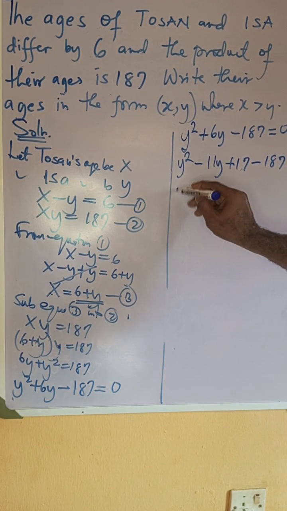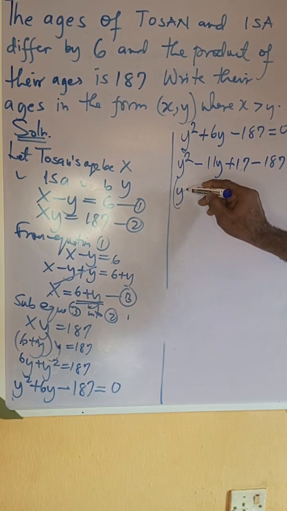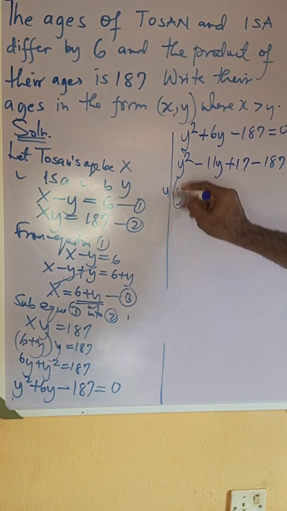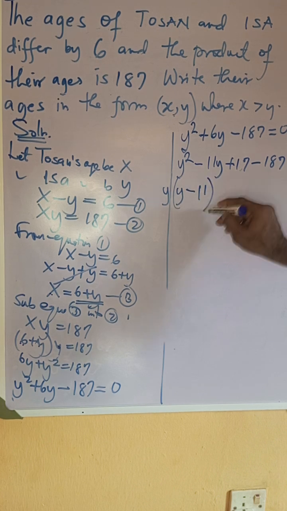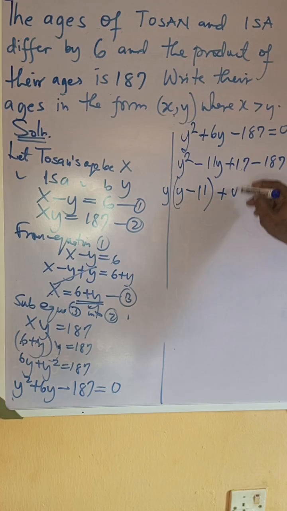So we have y into y minus 11, plus 17 into y minus 11, is equal to 0.